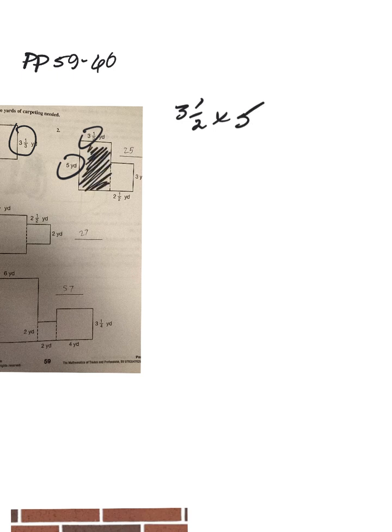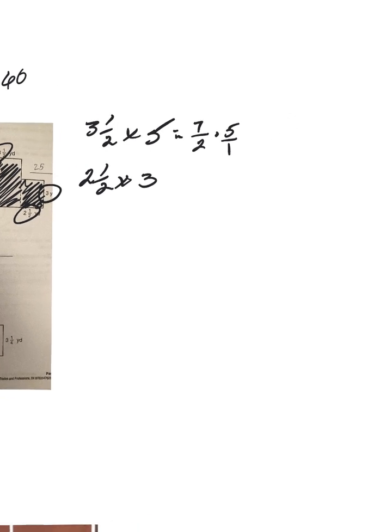And then the other piece is 2 1/2 by 3 right here, and that will take care of this section right here. So we take 3 1/2 and change that into 7/2 times 5 over 1, because 5 is a fraction. That gives us 35 over 2.